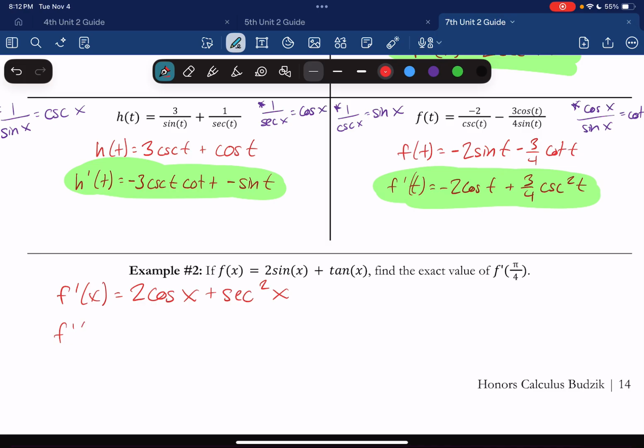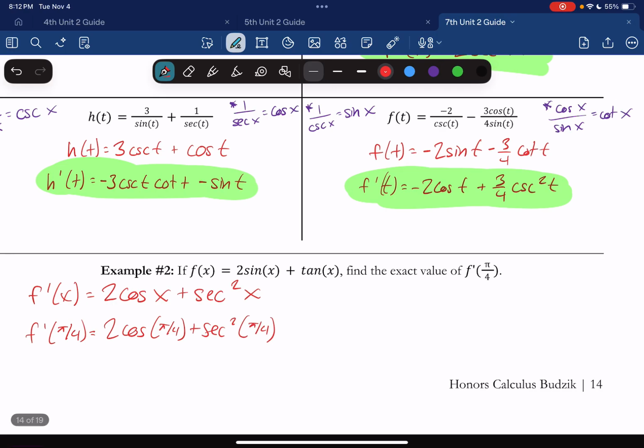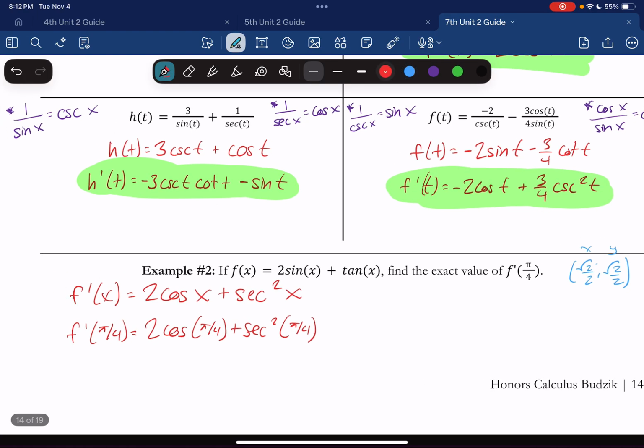So I now want to do f prime of pi over 4. So I got 2 times the cosine of pi over 4 plus secant squared of pi over 4. So remember pi over 4 in the unit circle, radical 2 over 2, radical 2 over 2 are my coordinates. So I know that the cosine is radical 2 over 2.